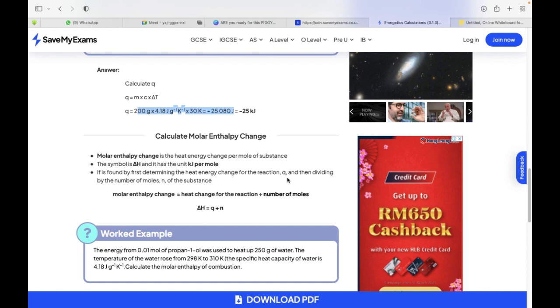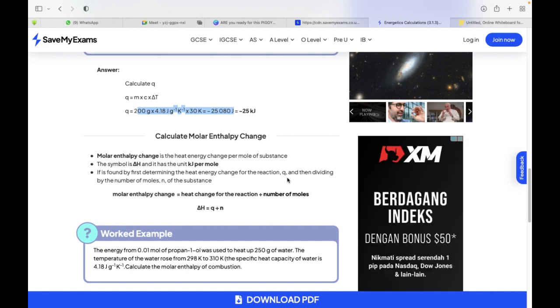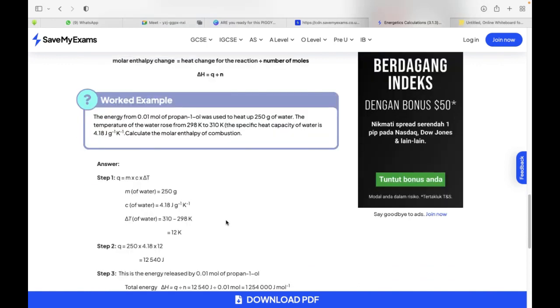You have to calculate that first before you can calculate the molar enthalpy change. Then you divide by the number of moles. When you finish the heat energy calculation, you divide by the number of moles, then you get the molar enthalpy change. Now here is a question which we're going to evaluate.